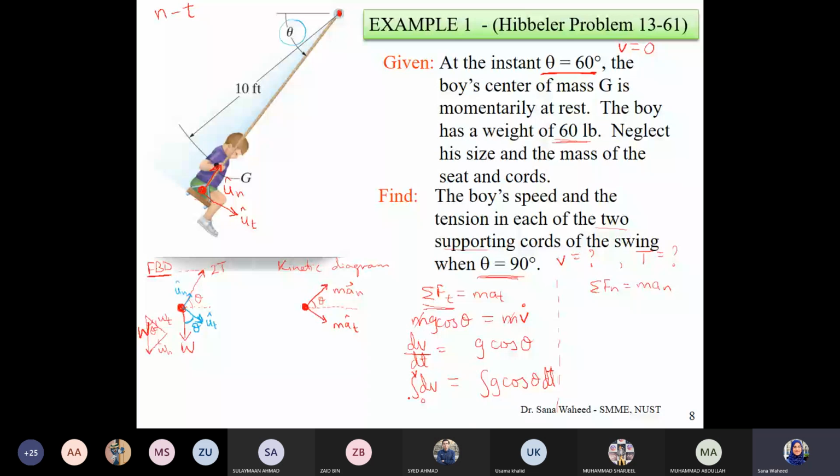But the issue I have right here is that I'm trying to integrate theta with respect to time, but I have no idea what theta is as a function of time. तो मैं ये इंटीग्रेशन कैसे करूं? मुझे थीटा एज अ फंक्शन ऑफ टाइम पता ही नहीं है, right? So which is why I can't actually do this integration, और इस तरीके से मुझे velocity directly नहीं मिलने लगी. So I need to think of something else.